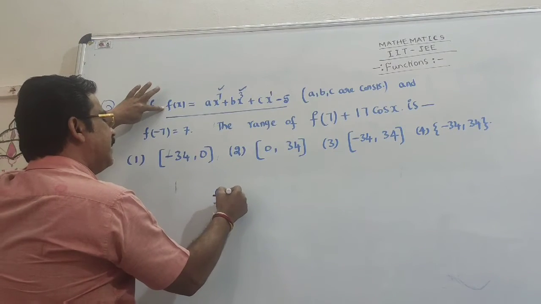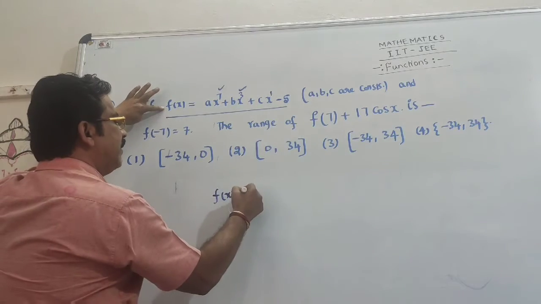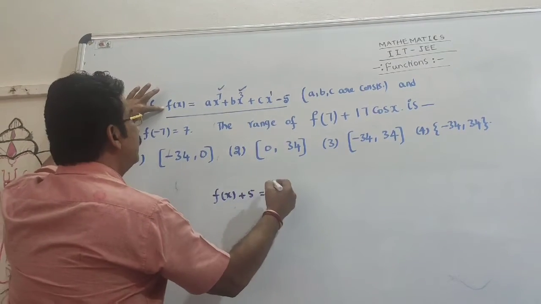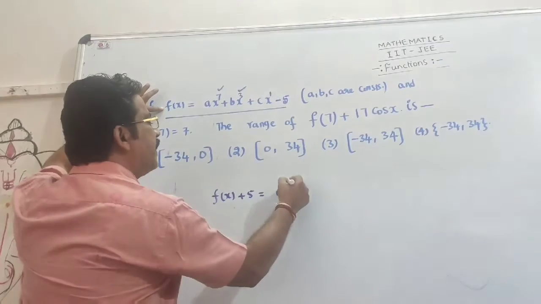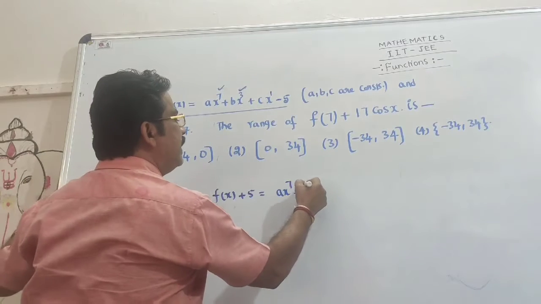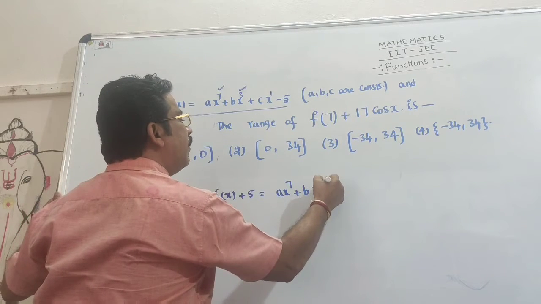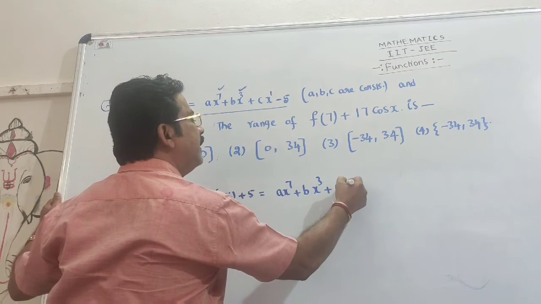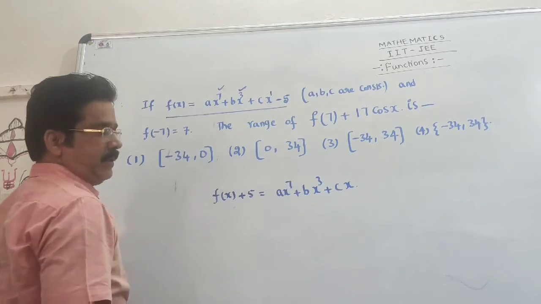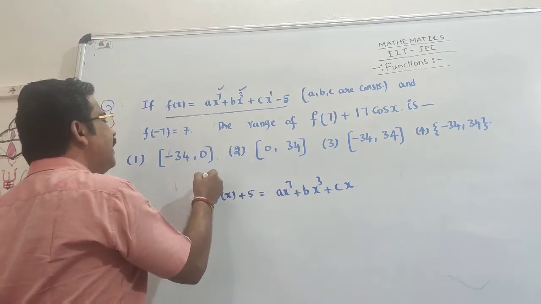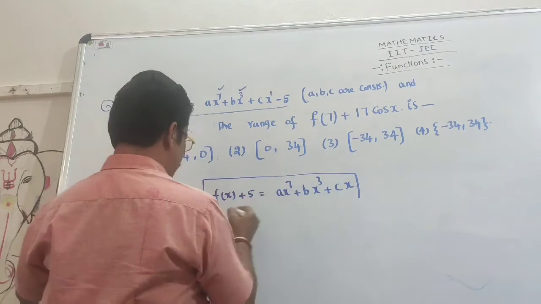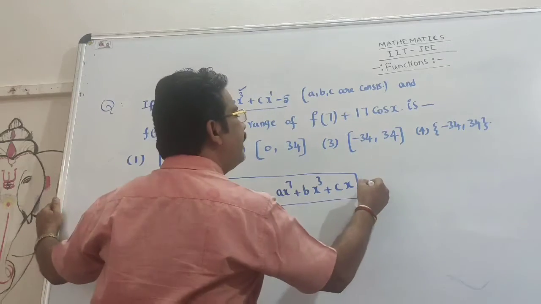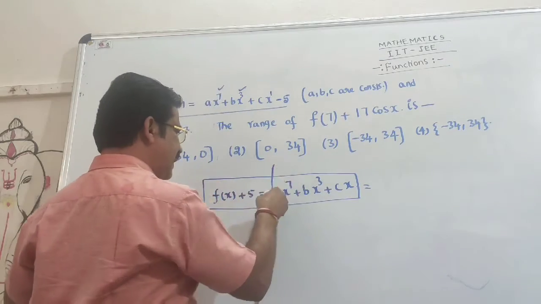Let us take f of x plus 5 equal to a x to the power of 7 plus b x cubed plus c x. This is the given equation.